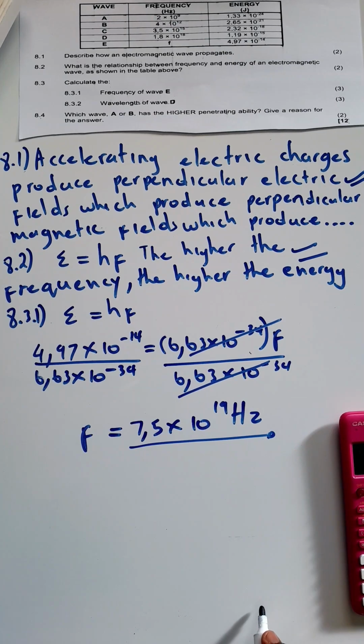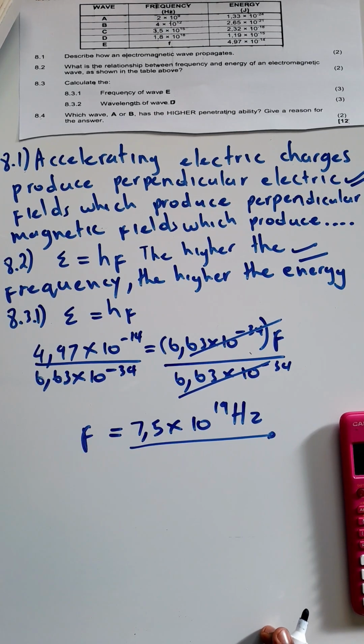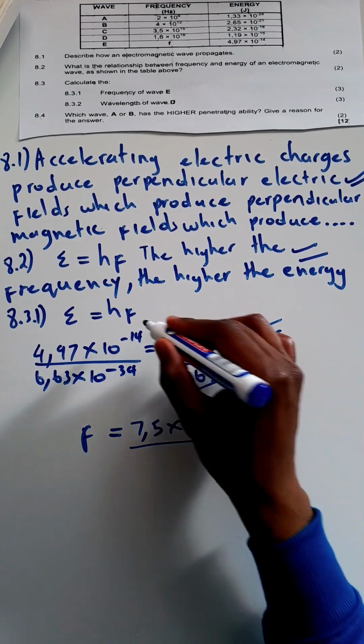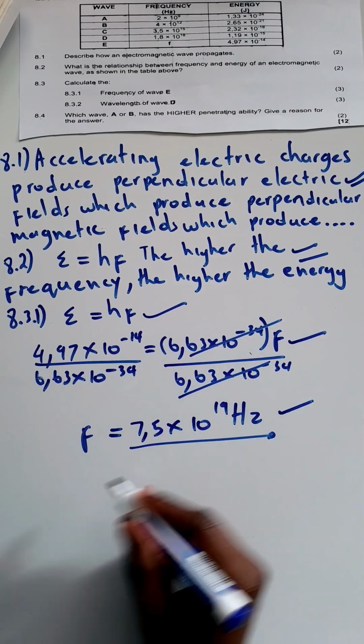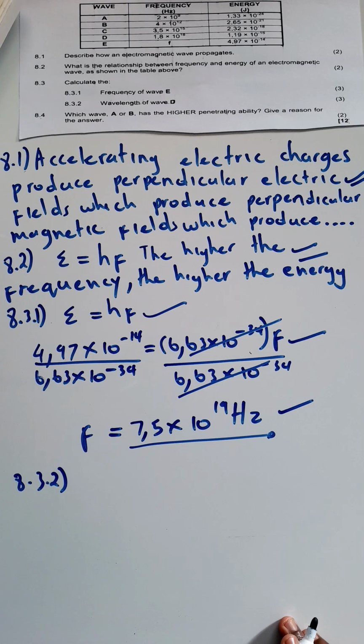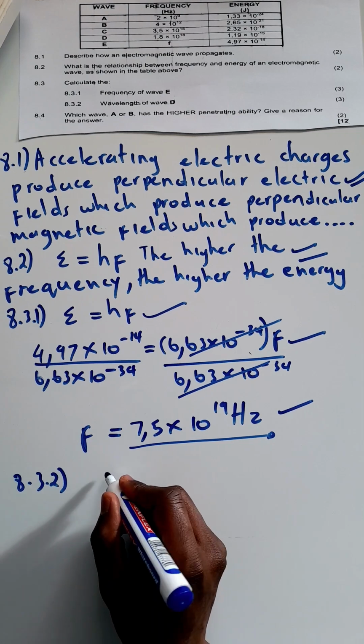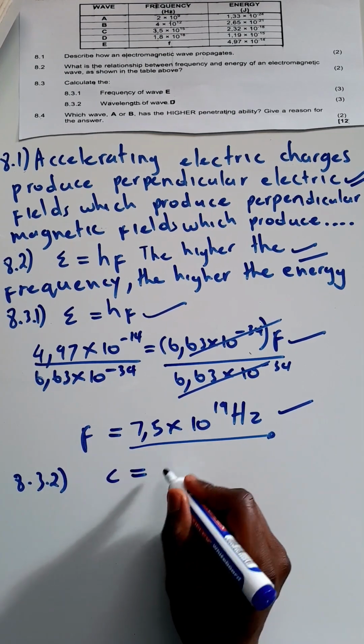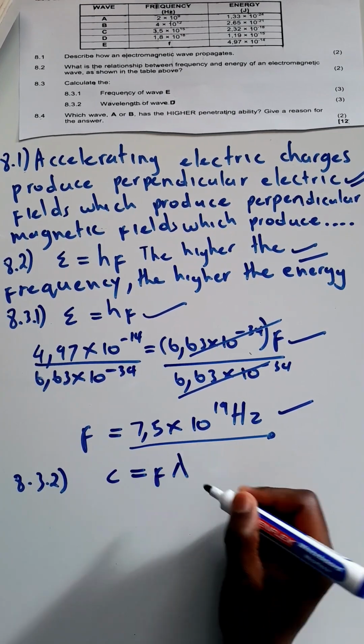Then 8.3.2, the wavelength of wave D. We have both energy and frequency, so you can calculate from both, but it's easier to calculate from frequency because the formula is: the speed of light in a vacuum is equal to frequency multiplied by wavelength.